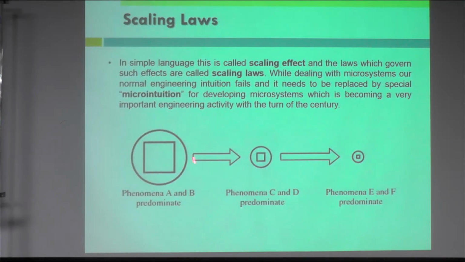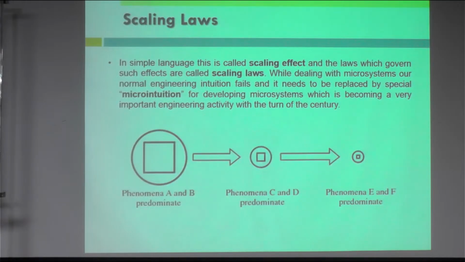So let's say at macro scale you have phenomena A and B predominant, and then the predominant phenomena change at different scales. Let's say this is micro, let's say this is nano, so it changes according to a certain level of scale, a certain level of geometry and size.